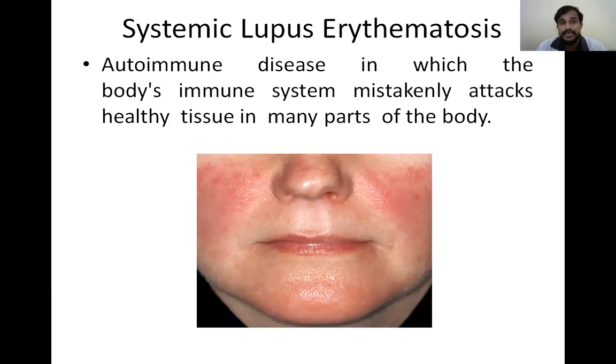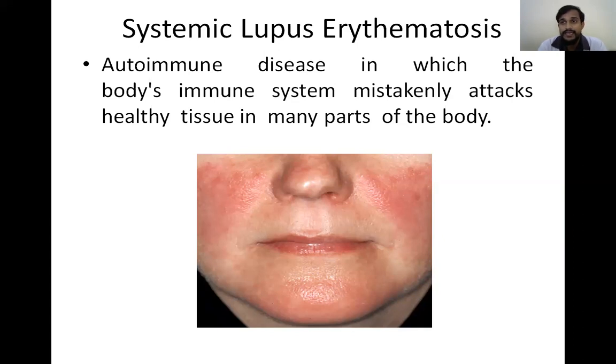Autoimmune diseases means the body will produce antibodies by itself, which will destroy the body's own tissue. So the autoantibodies will destroy the extracellular matrix components. Unlike other diseases in which an external agent, whether it is a toxic substance or bacteria or virus, will come and create the disease, in autoimmune disease the body itself produces autoantibodies which will destroy the components of the body.